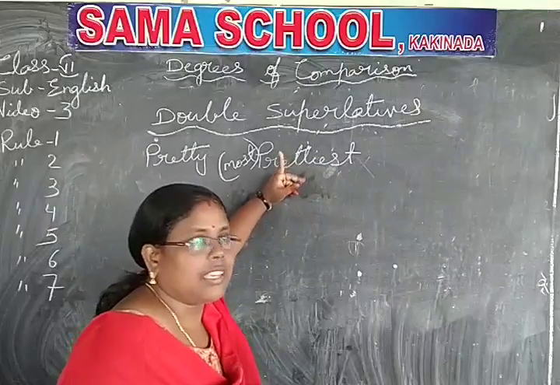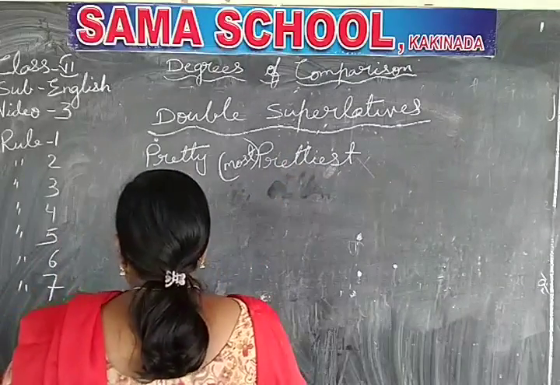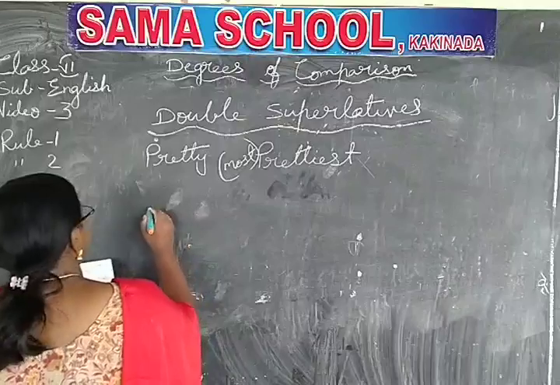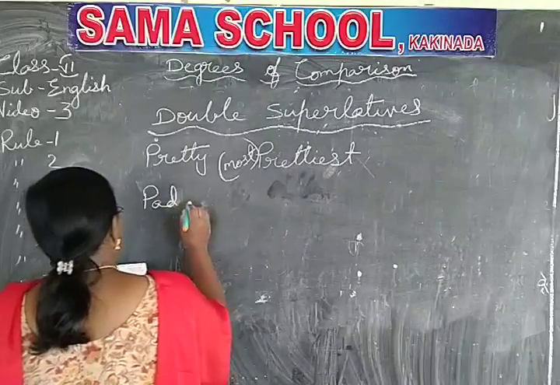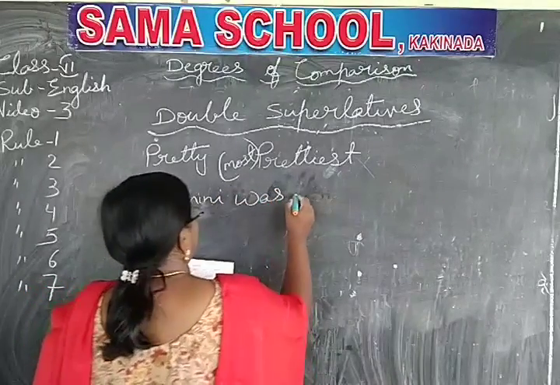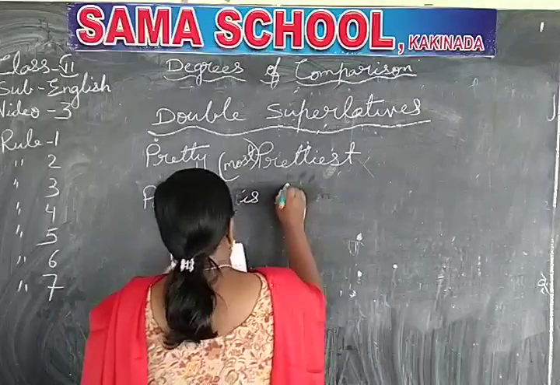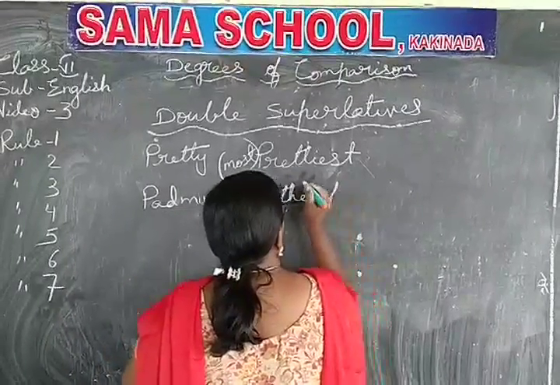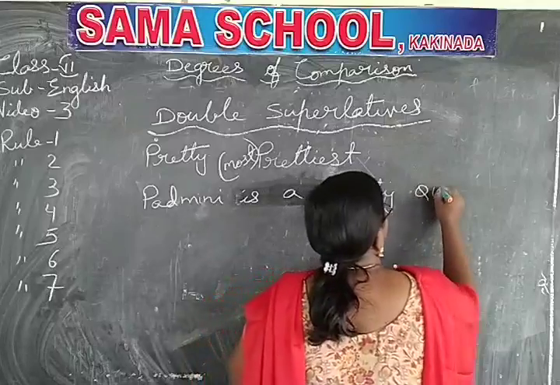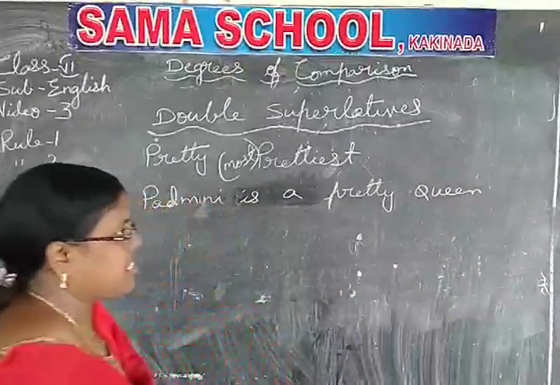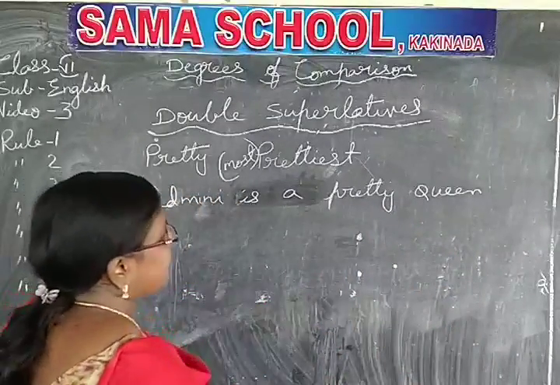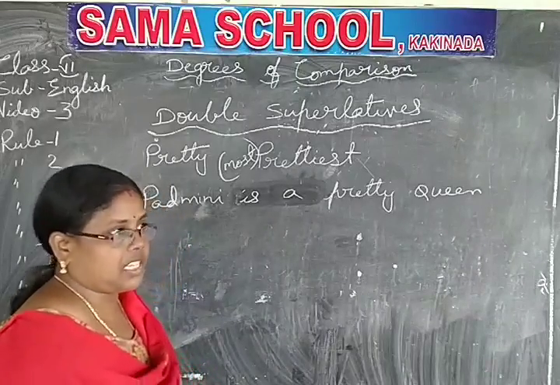No need of using it. One example I'll give you. Padmini is a pretty queen. Padmini, she is a queen. One name just like that I took. She is a pretty queen. Now we have to make it superlative.